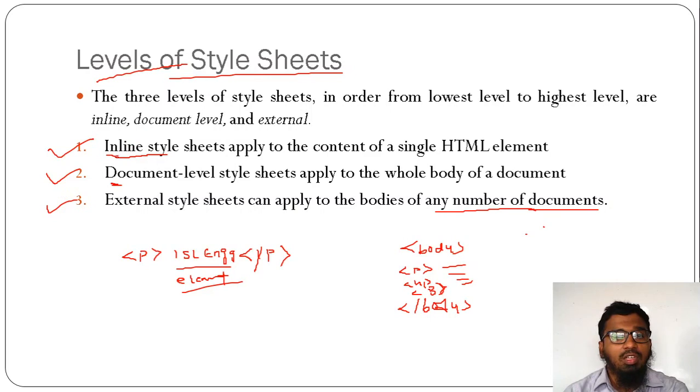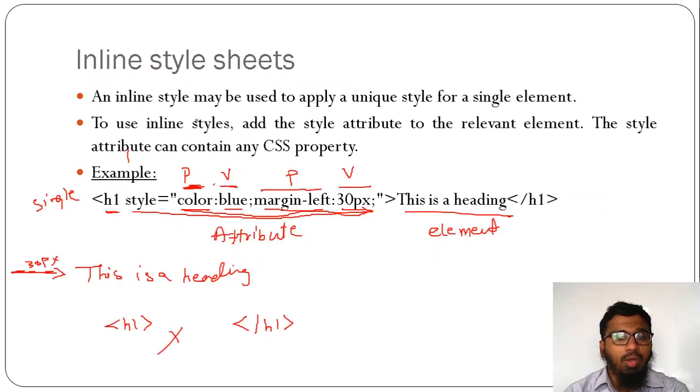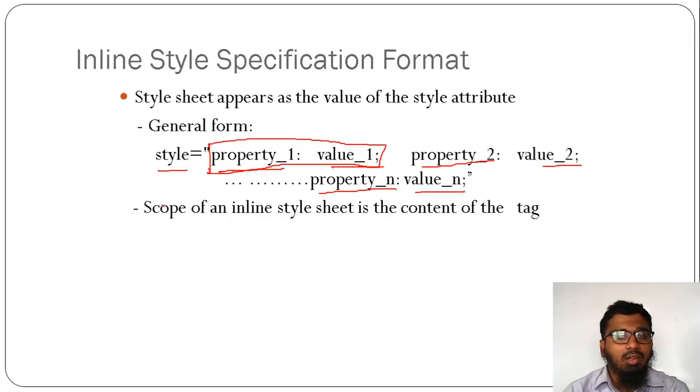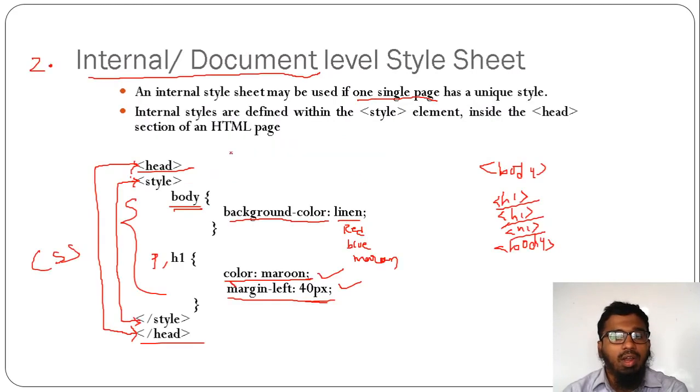And there are three levels: inline style, document level style, and external style. Okay, the inline style applies the style to a single line of code. The specific format is property 1, value 1. Next one, internal or document level.